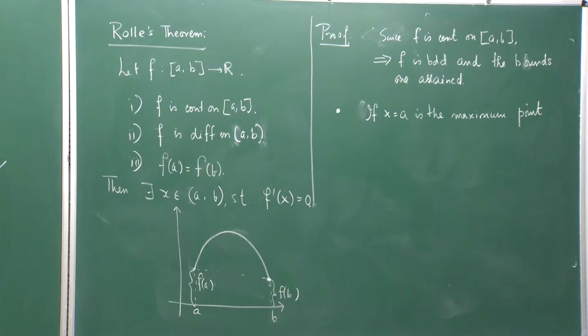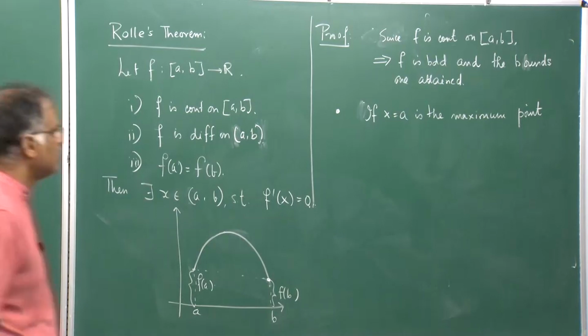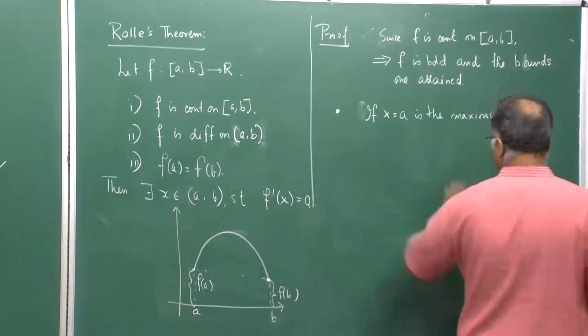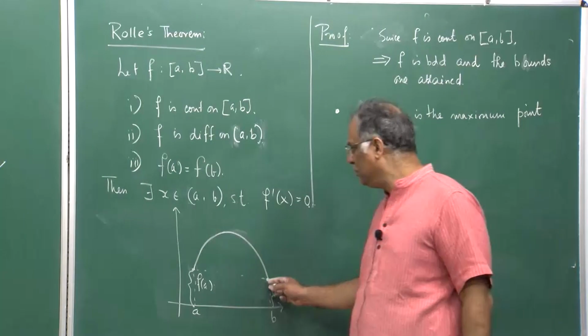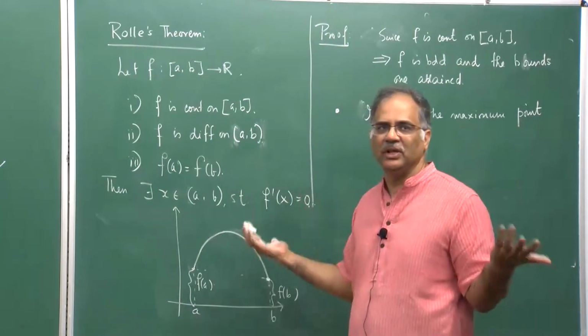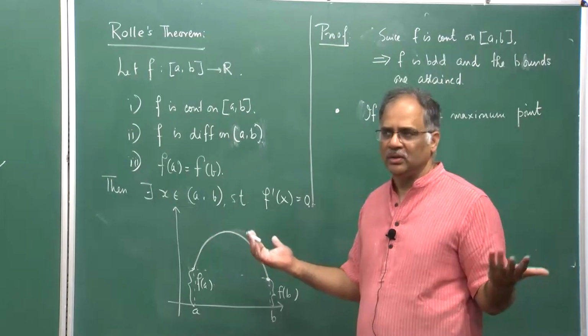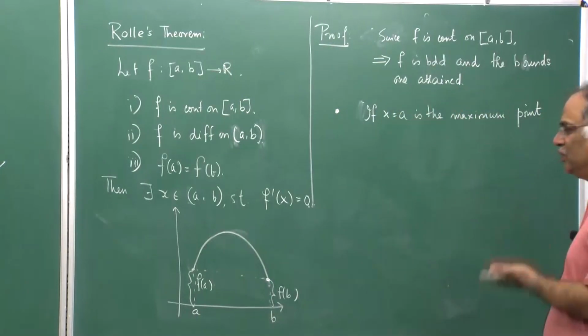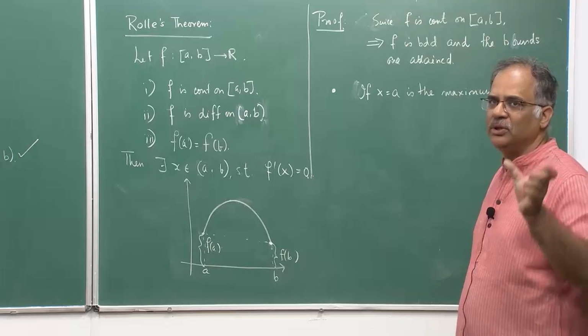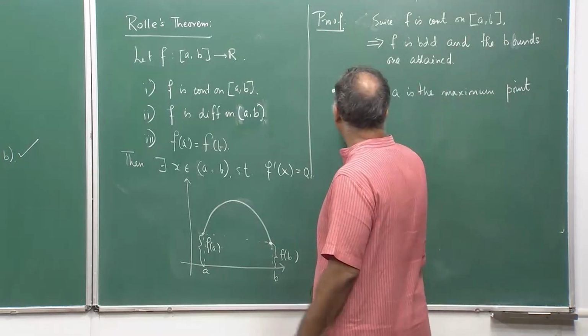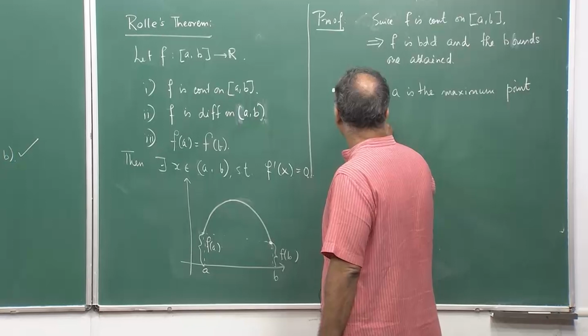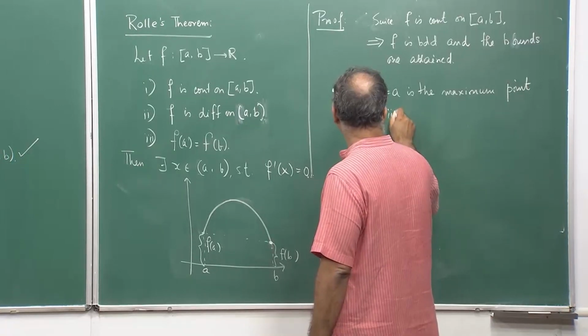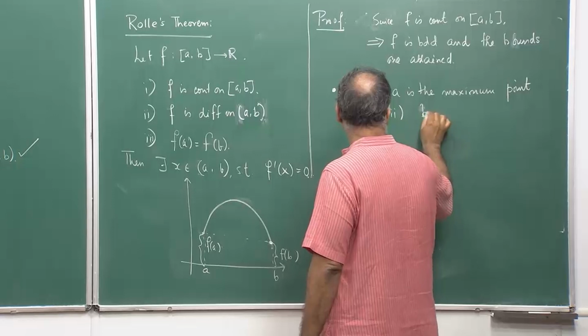If x equal to a is the maximum point, then b must also be the maximum point, because f(a) is equal to f(b), right, and because the function is continuous, there must be a minimum value in between. So, it implies that b is also the maximum point.